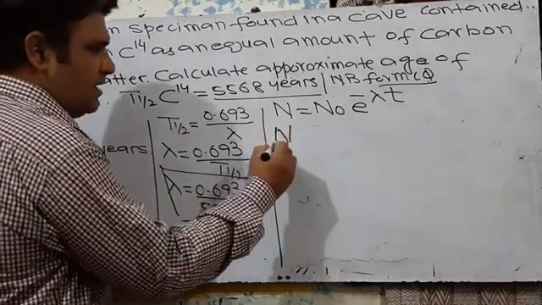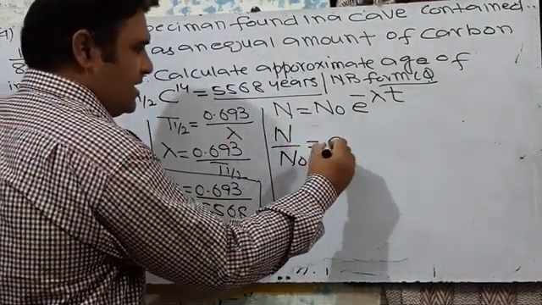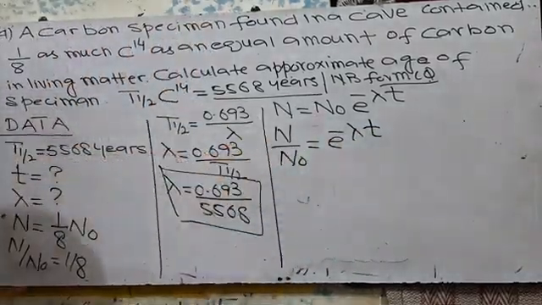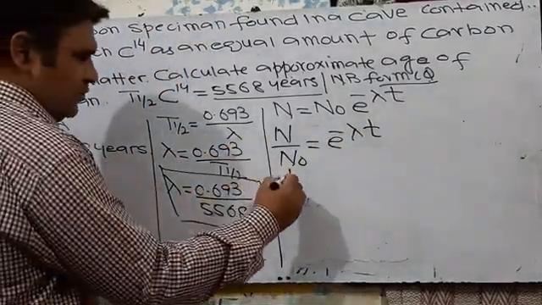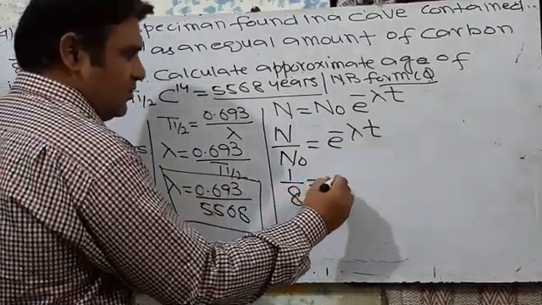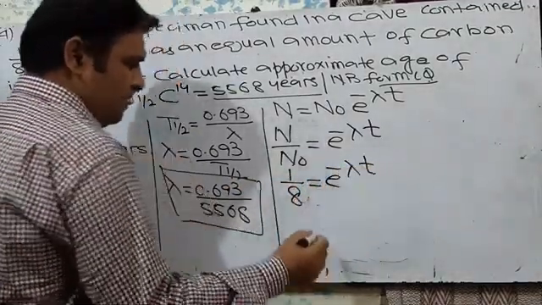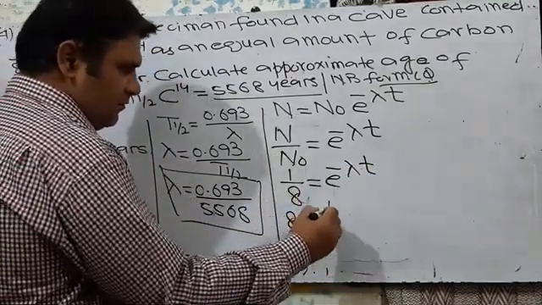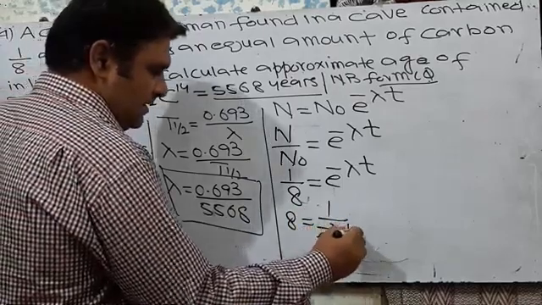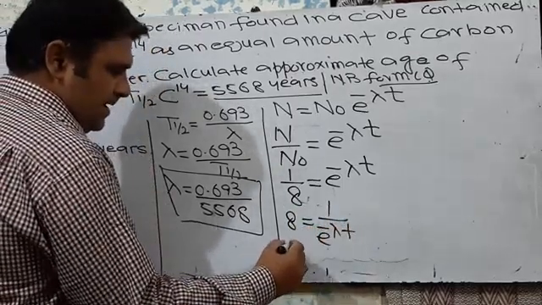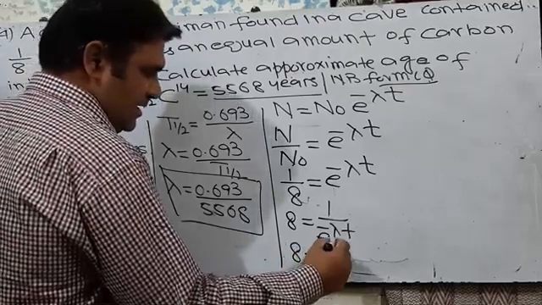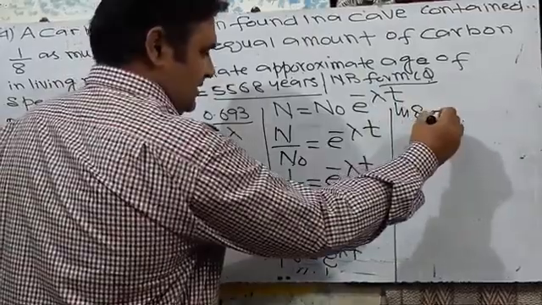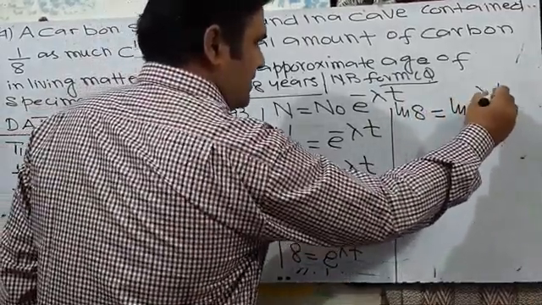So 1/8 is equal to e^(-lambda t). Taking the reciprocal on both sides, 8 is equal to e^(lambda t). Apply log: log 8 is equal to log e^(lambda t).